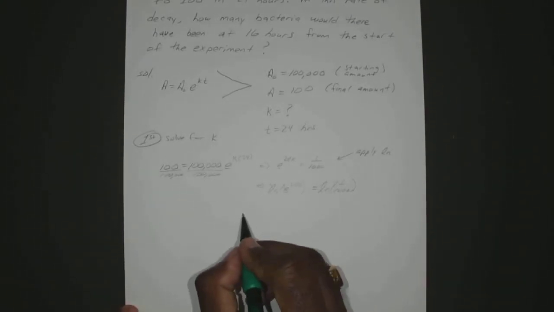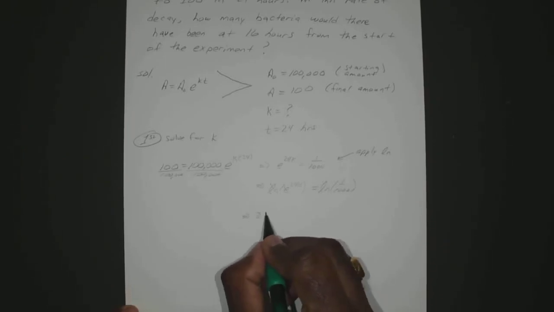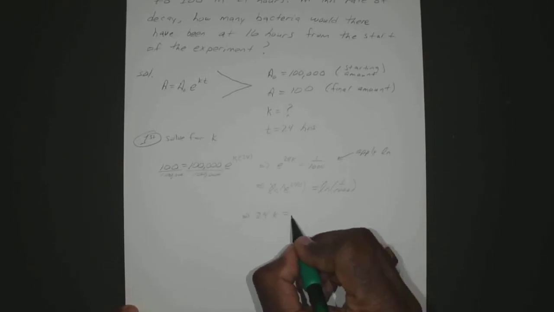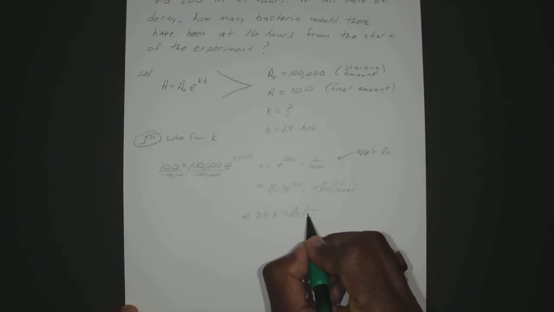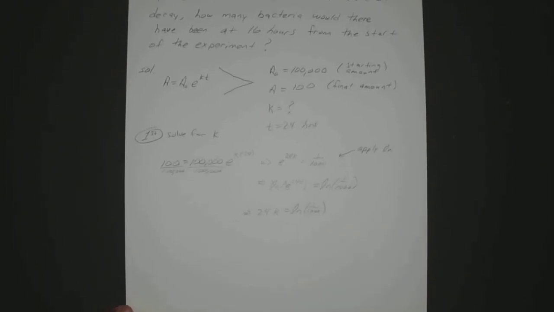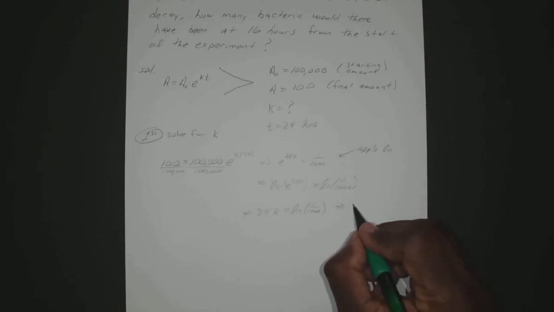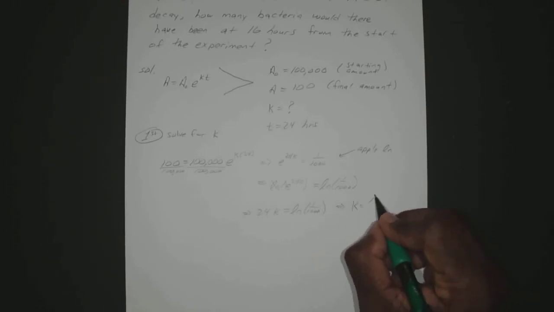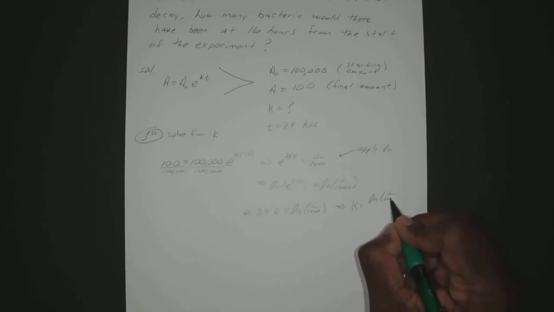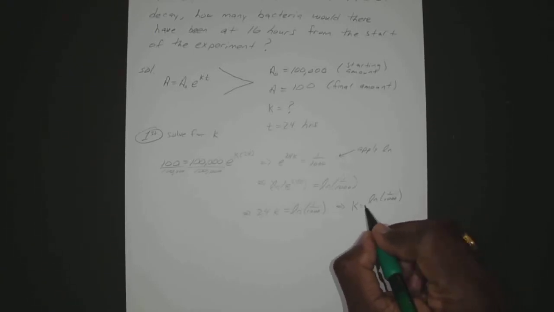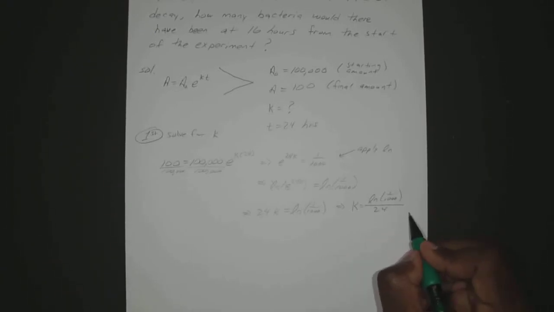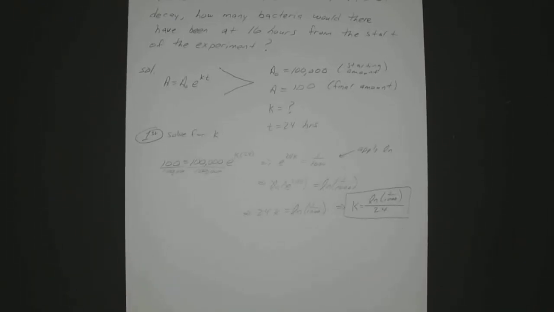You have 24 times K equals natural log of 1 over 1,000. Divide both sides by 24. Our k is equal to the natural log of 1 over 1,000 divided by 24. Okay, so we have our k.